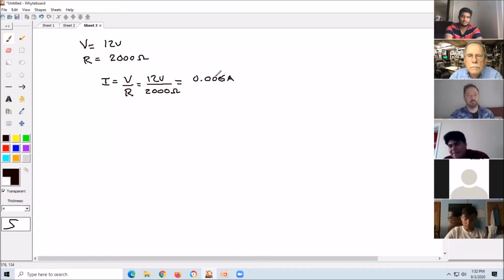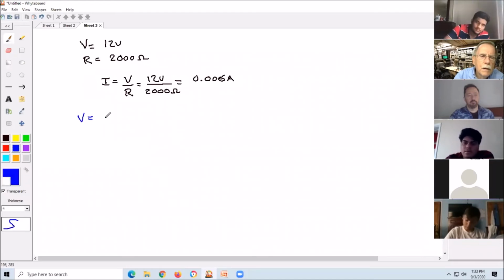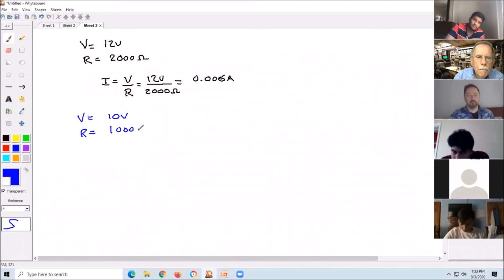What about if I had V equal to 10 volts and R equal to 1,000,000 ohms?